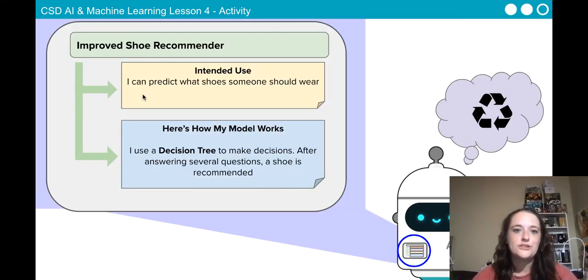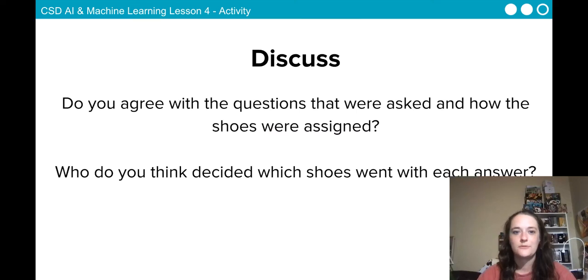So this improved shoe recommender, the intended use is that it can predict what shoes someone should wear. And it uses a decision tree to make decisions. After answering several questions, a shoe is recommended. So do you agree with the questions that were asked and how the shoes were assigned?